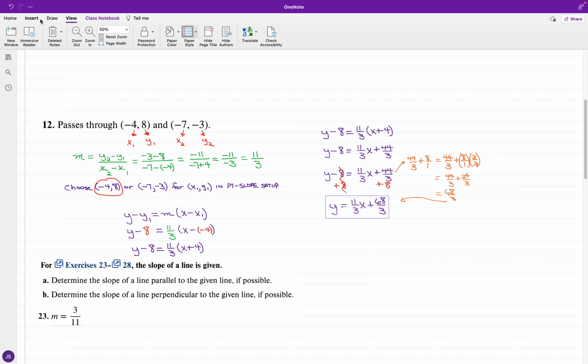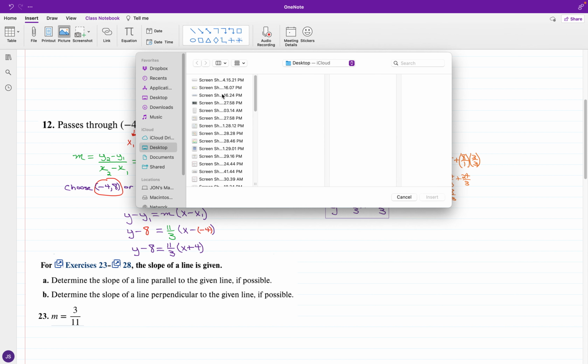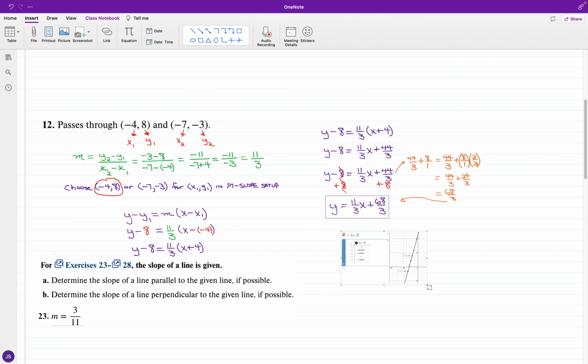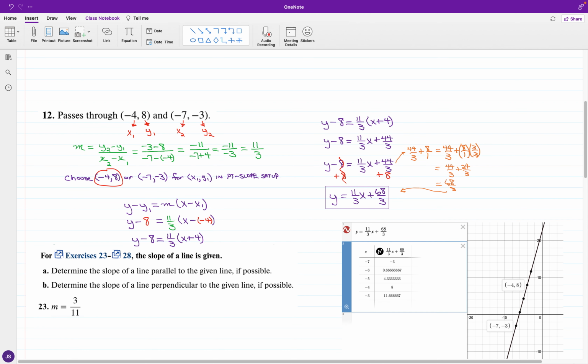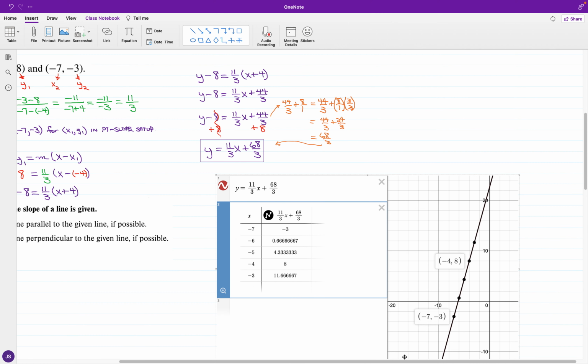And if I put in the graph on this one, okay, so I have y is equal to 11/3 of x plus 68/3.